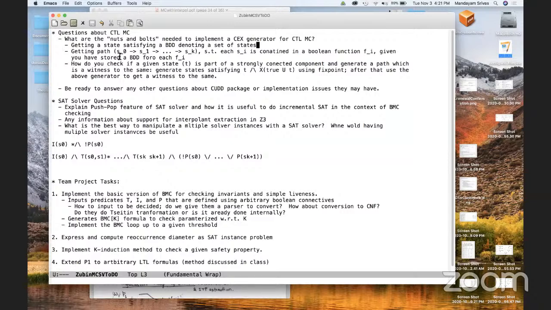But the very next time you apply tau once, you get not P. You save that. From tau 2, you get those states that reach not P in 2 steps. Tau 1 gets it in 1 step because tau 0 is false. I understand. Got it.